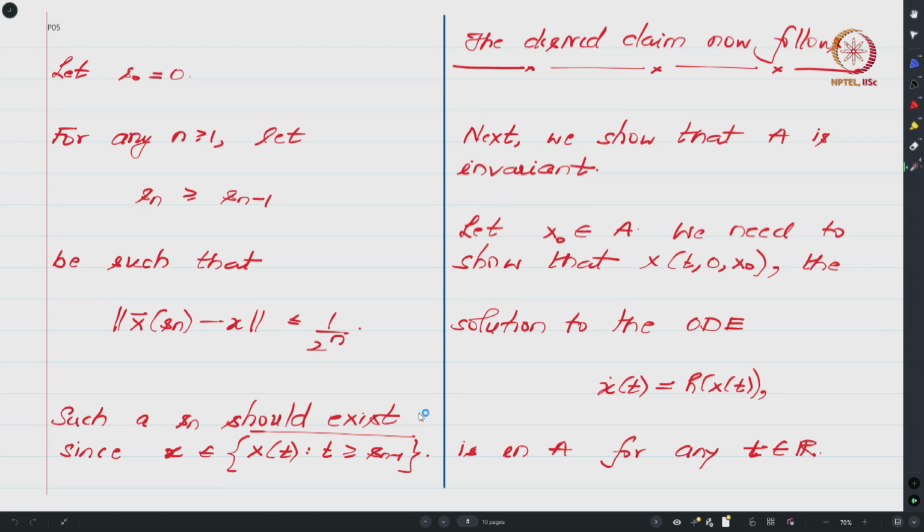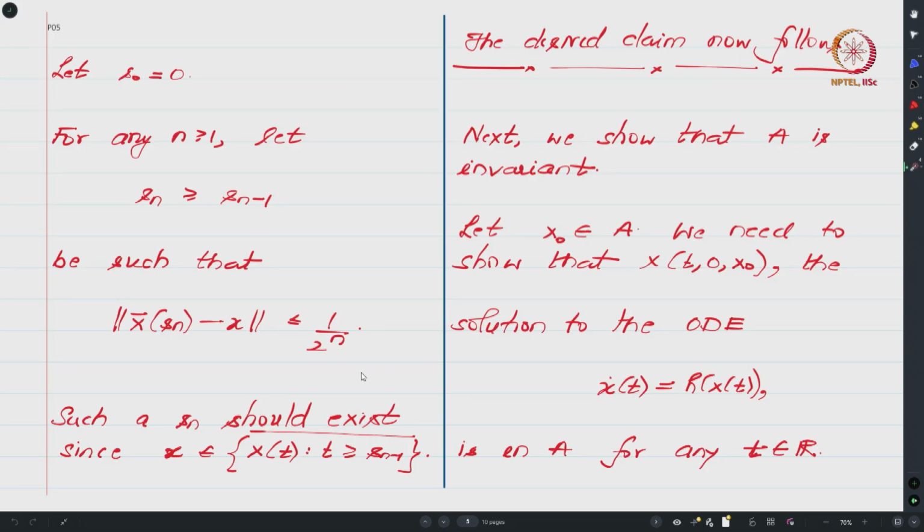Now we have to construct this sequence Sn, and the way we will do it is by first setting S0 equals 0. For any n, we are going to find an Sn that is bigger than Sn minus 1, that is, we do it inductively. We have S0, then we find S1 using some recipe, and once we have S1 we find S2 using the same recipe, and so on.